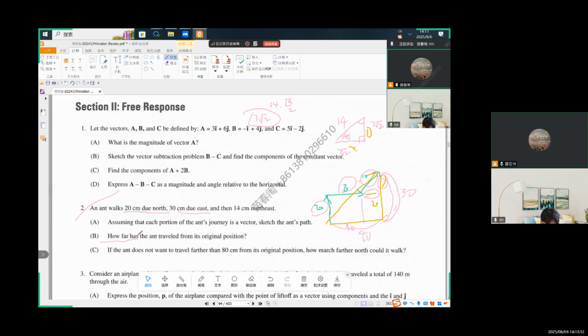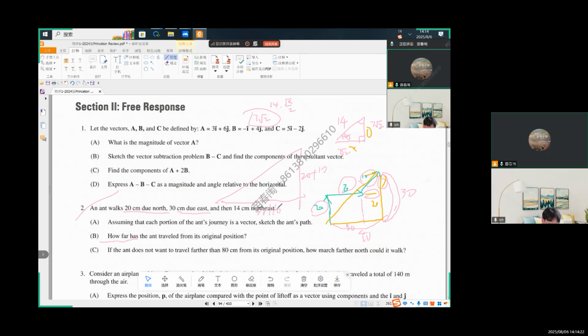A free response is not only just one answer, right? You have to give the process, and you don't really have to do it that way as long as you draw it right. When we get 10 and 10, it's the same thing. Actually, they also get 10 and 10 from trigonometry. We can just draw it as this one is 20 plus 10, and this is 30 plus 10.